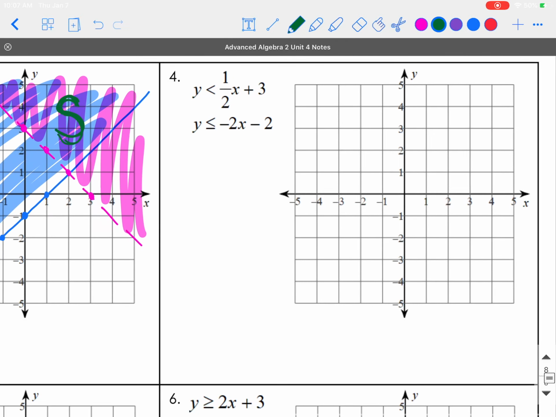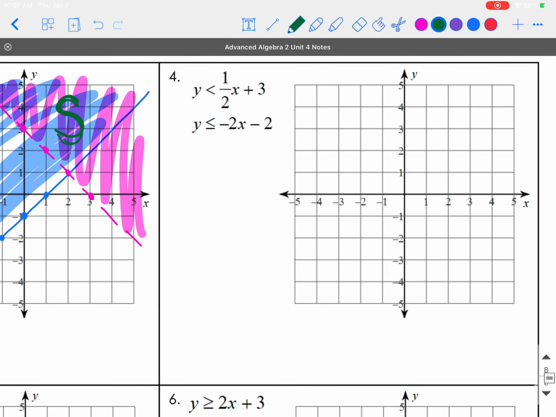Number 4. See if you can do this one on your own. Starting out, I had a y-intercept of 3 and a slope of 1/2. It's a dashed line, and I'm shading below.